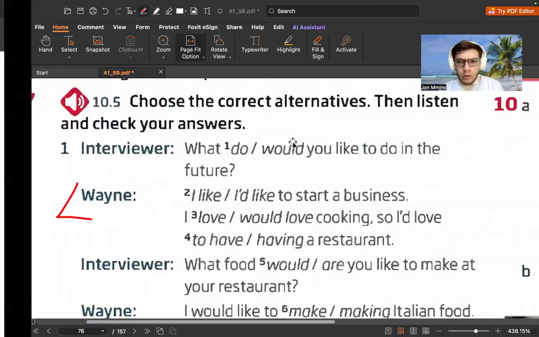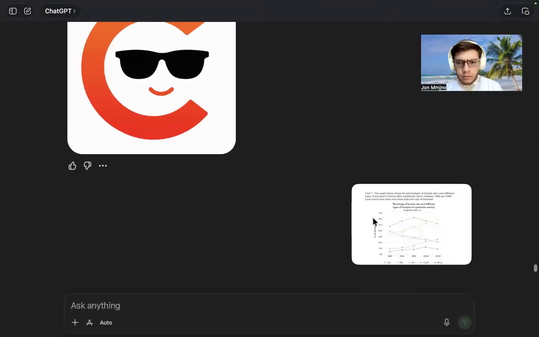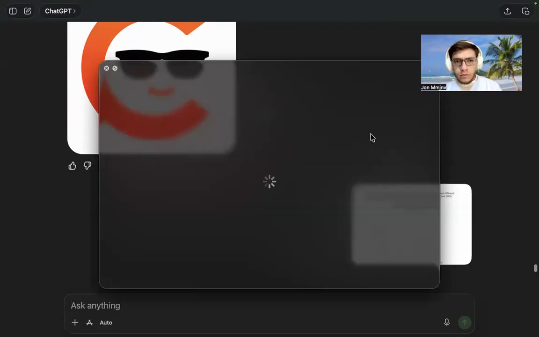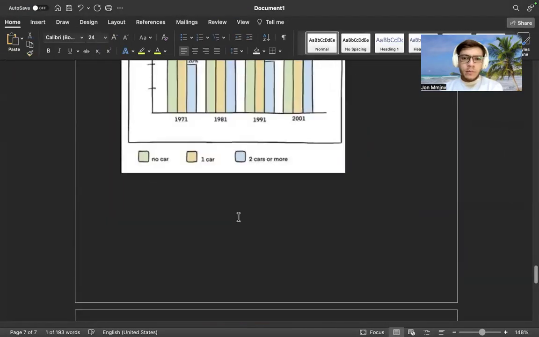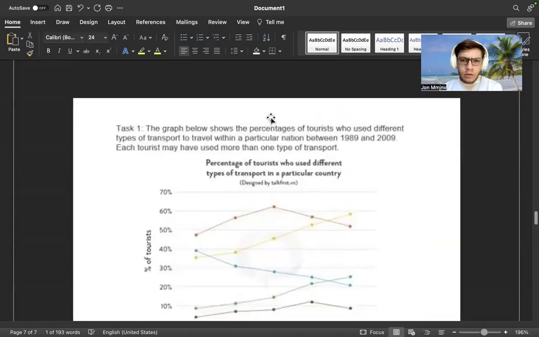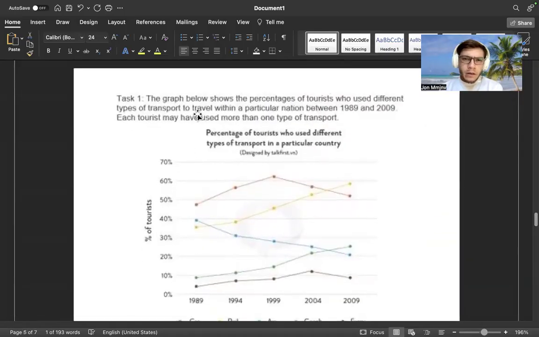Let's see what happened with our graph. Whatever, we are not gonna waste time. Let's write for this one. The graph shows the percentage of tourists who use different types of transport to travel within a particular nation.